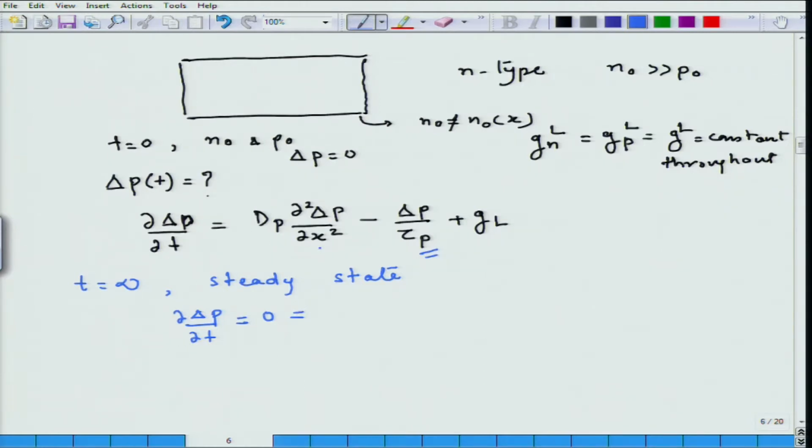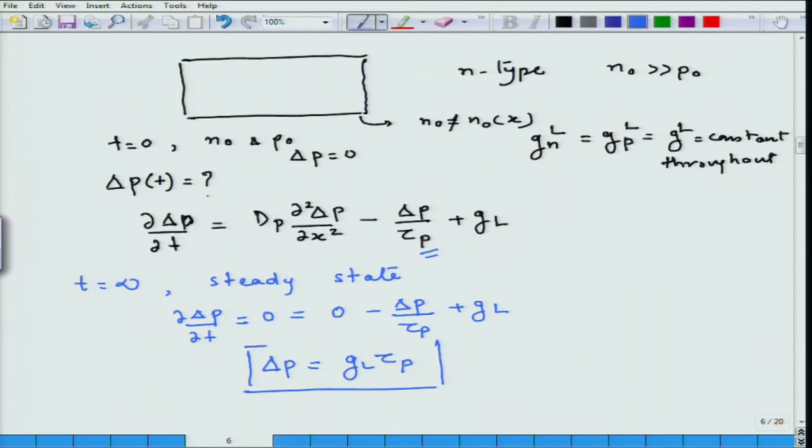Since I am generating excess carrier at the same rate throughout the material, which has been shown here, this term is also 0, which basically means I am left with the excess carrier concentration, which means at T is equal to infinity, the excess carrier concentration will be given by GL times tau of P. So, this gives me what would be the eventual carrier concentration in a steady state in the material if I am generating carriers by some means throughout the material at a uniform rate.